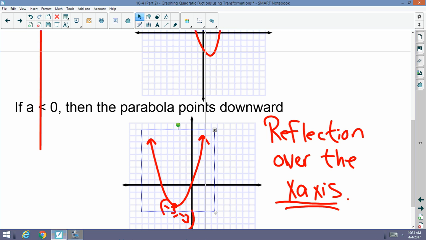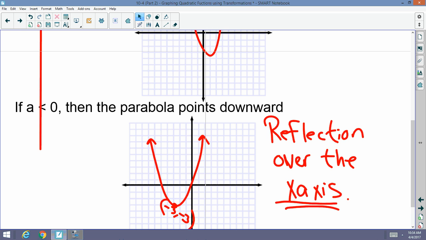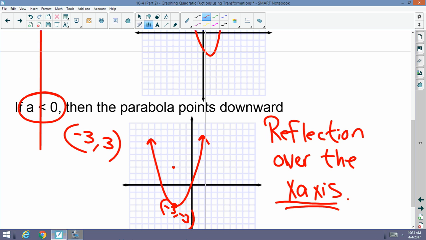This isn't really a very good representation because it's not exact, but the reflection of this would be (-3, 3). It'd be here. That would be the reflection of that point. Okay. So that's what a reflection is. So when A is negative, it's a reflection over the x-axis.